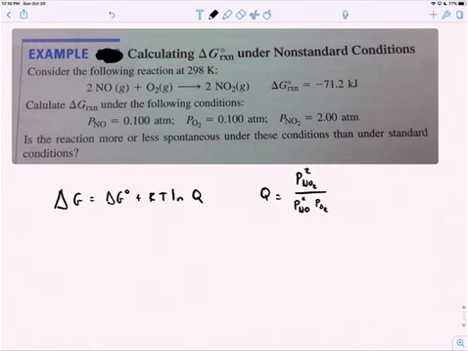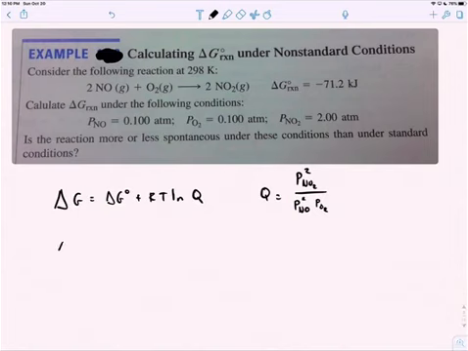And is this more or less spontaneous? The Q in this case is going to be QP, the pressure of the product, NO2 squared, over the pressure of the reactant, NO squared, times the pressure of the oxygen. And so we just apply this equation.